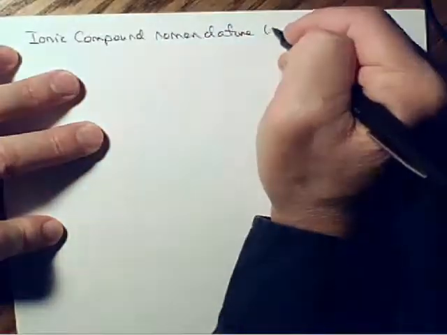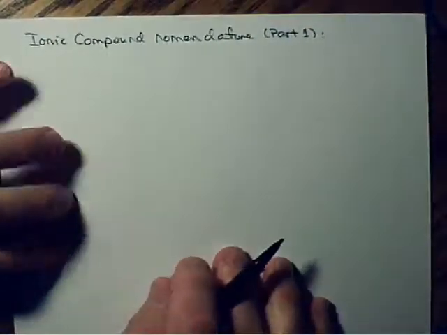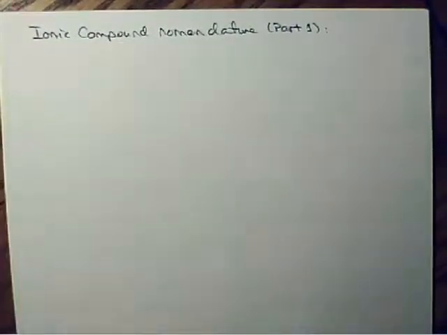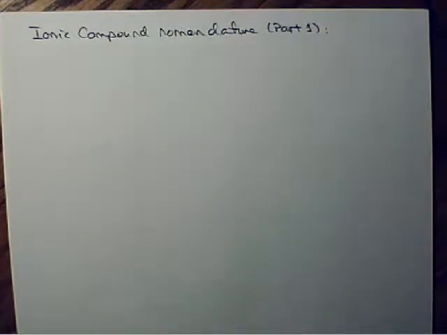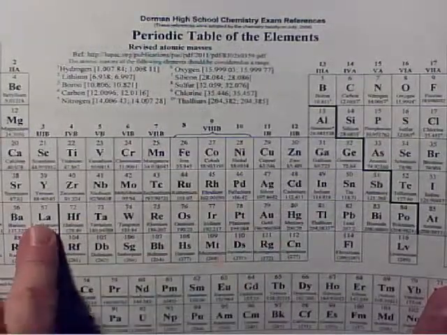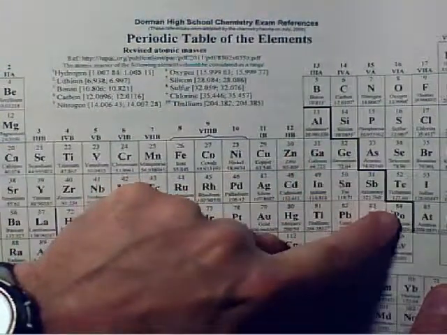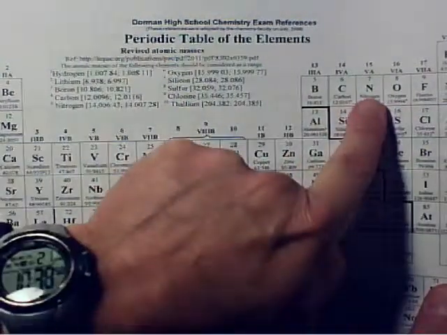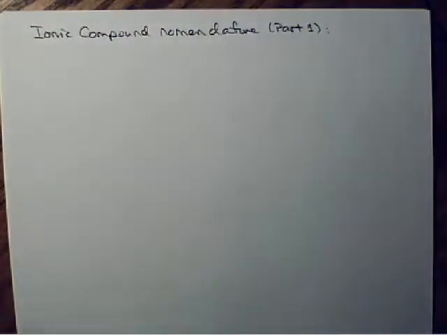All right, let's look at nomenclature for ionic compounds. Let's remind ourselves about where the metals and nonmetals are located. On the periodic table, metals are on the left side of this stair step, nonmetals on the right side. Okay?